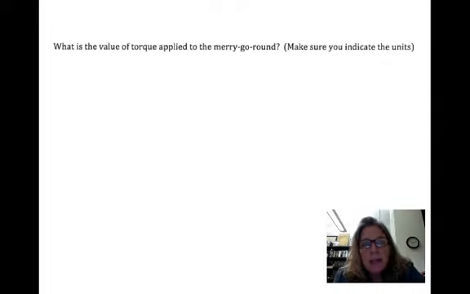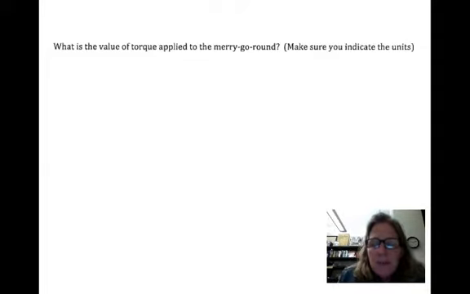The next question is, what's the value of torque applied to the merry-go-round? There are 2 different ways we can calculate torque. One is the force times the distance between the force and the center, the rotating point, D. The other is the moment of inertia times the angular acceleration.